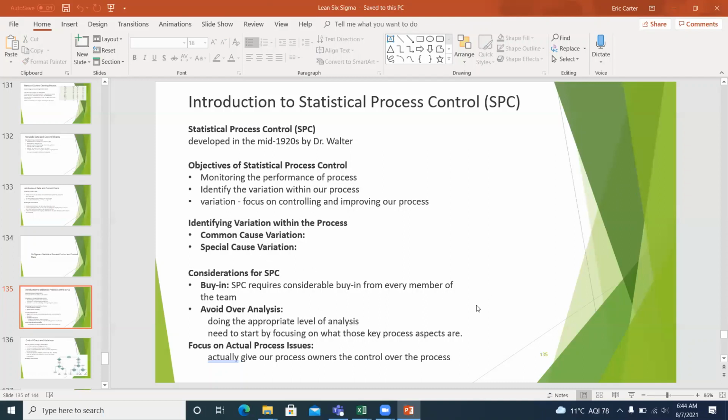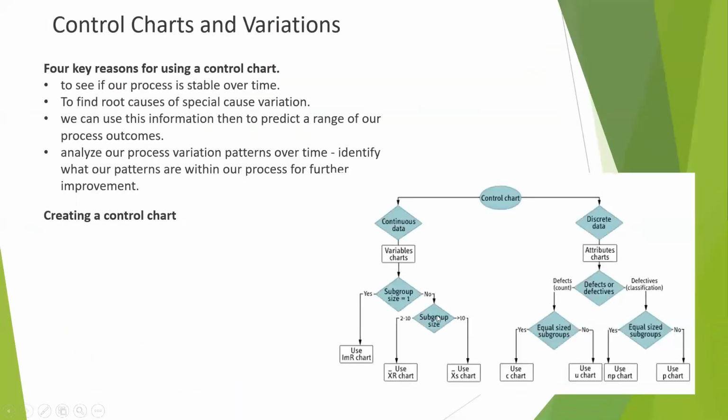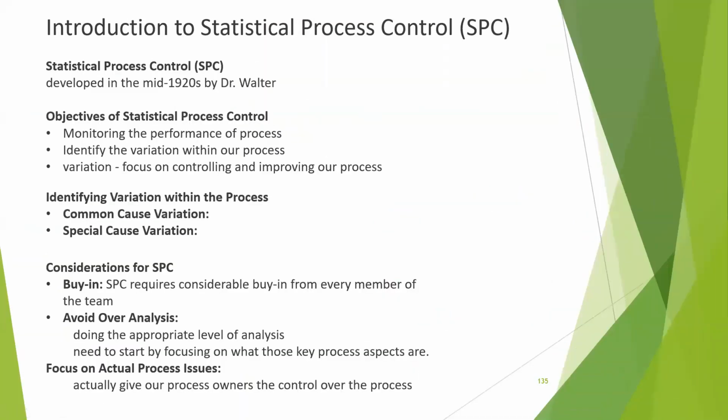And then considering the SPC chart, what we need to do here is, SPC requires considerable buy-in from every member of the team. See, for example, I am putting up an SPC chart and then I want to control everything. It's not going to happen, right? Your team should understand what the SPC is. How you are tracking it, all that should be clearly explained to the team, right?